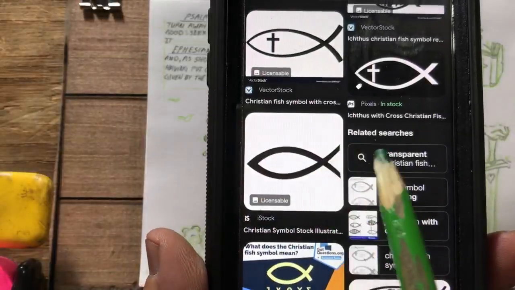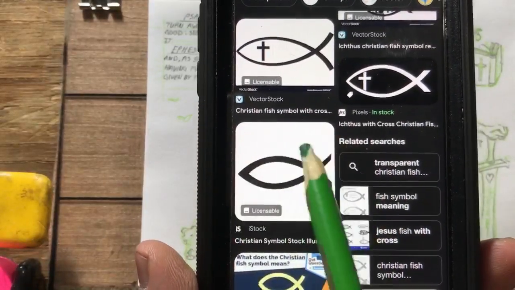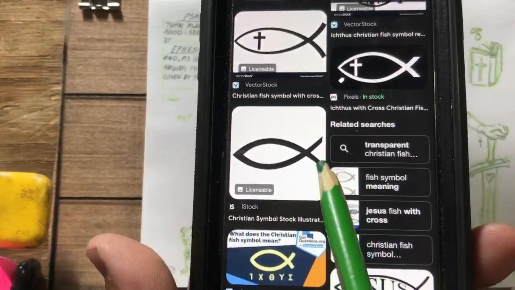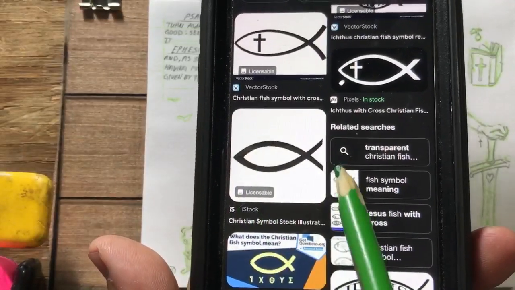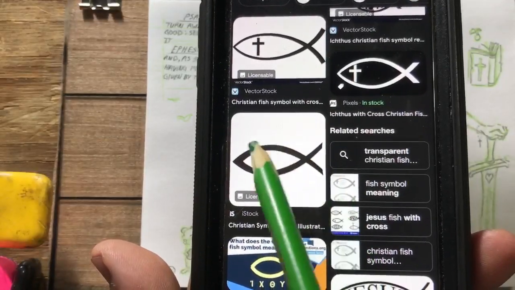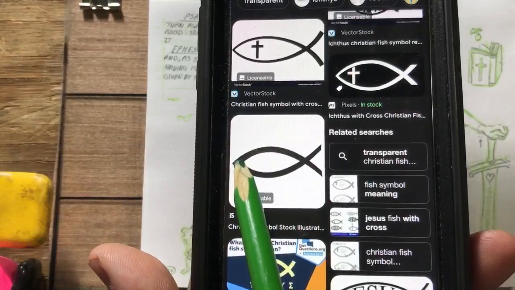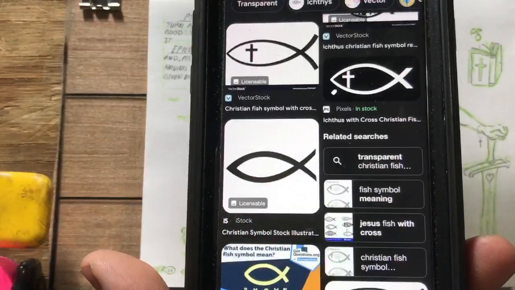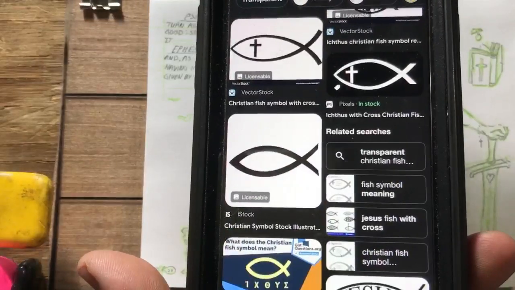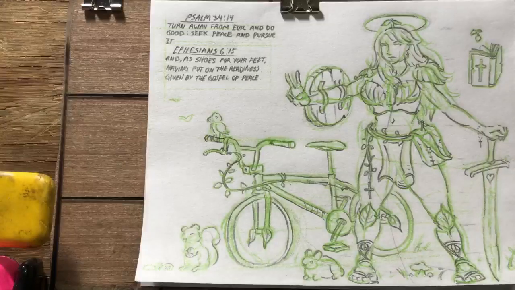As a secret code, one of the believers would have a staff and draw one side of the symbol like this when you met somebody. If the other person was a believer, they would draw the other side with their staff, and you would know that they were a believer.